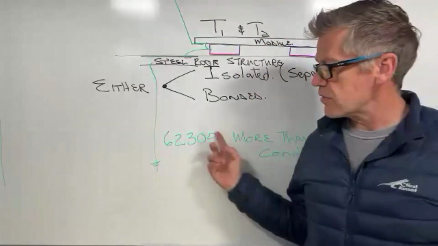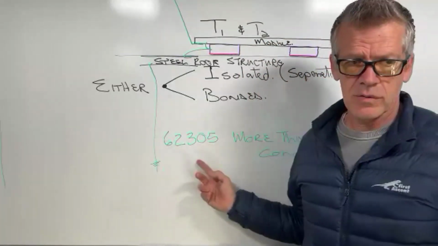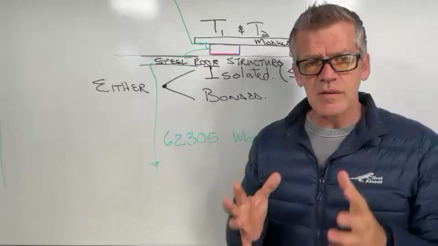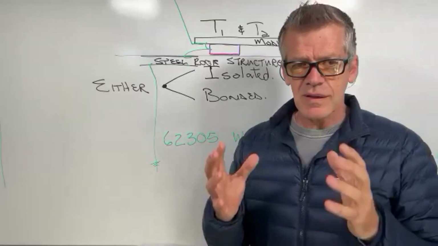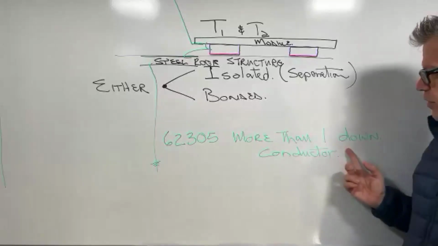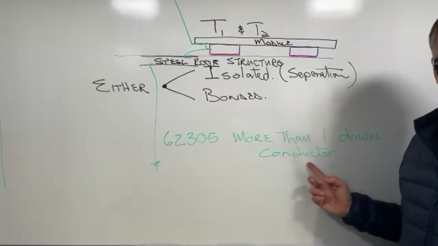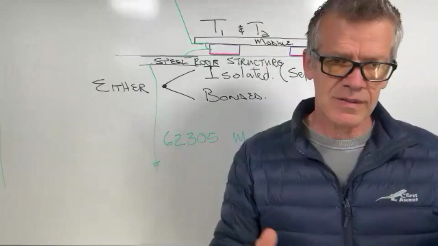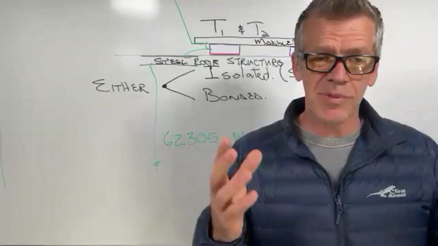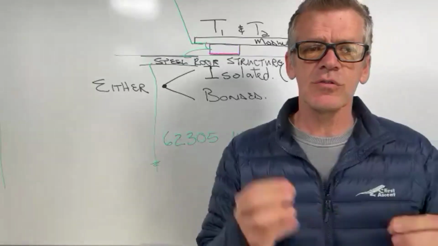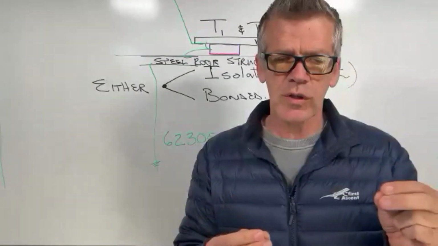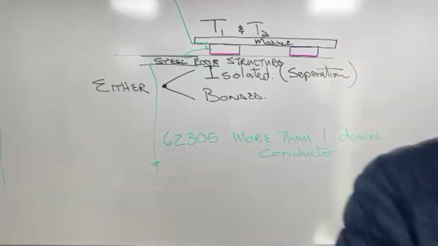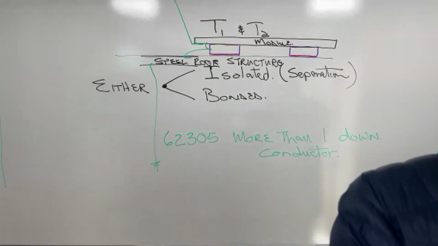This standard over here says no. It says if you're expecting a lightning strike, you have to have more than one down conductor. And if you're expecting a lightning strike, you can't go with a 6 millimeter or even maybe a 16 millimeter. You've got to size your cable according to what it is you're expecting to happen on site.